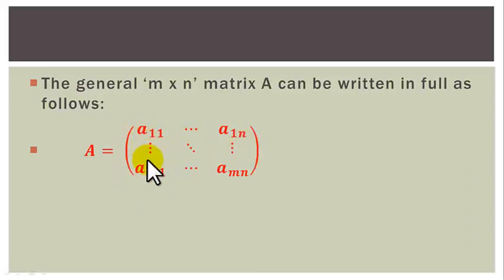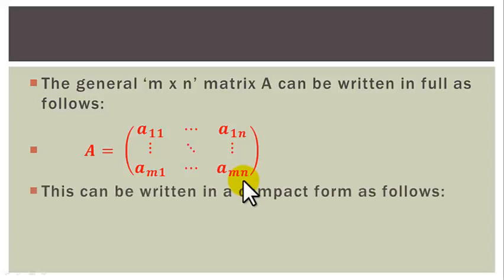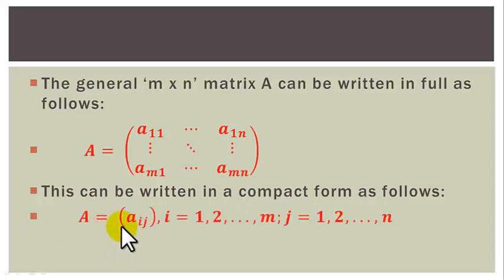If we continue, we will get to the last row, which consists of the elements Am1, Am2 to Amn. This can also be written in a compact form as follows: A equals, in brackets, A sub ij, for i going from 1 to m, and j from 1 to n.